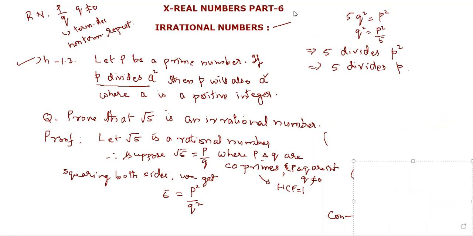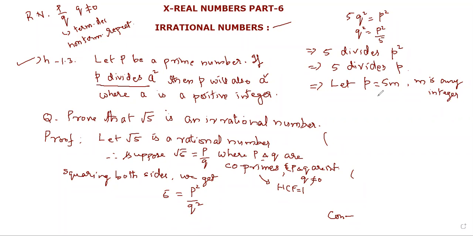When 5 divides p, it means p is a multiple of 5. So we let p be equal to 5m, where m is any integer.